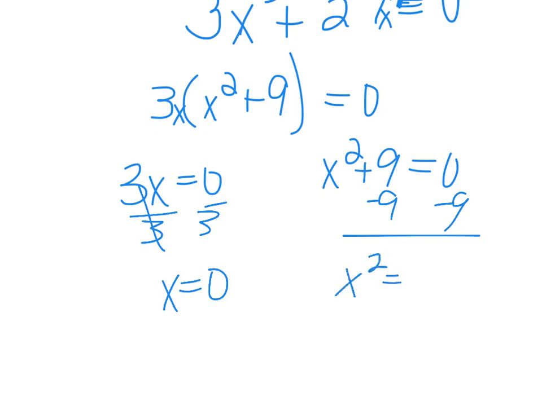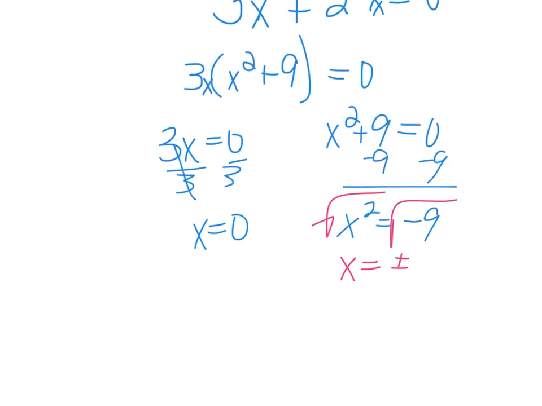So x squared equals negative 9. All right, now what? Take the square root. And it's plus or minus 3. Plus or minus 3 what? 3i. Because it's imaginary.